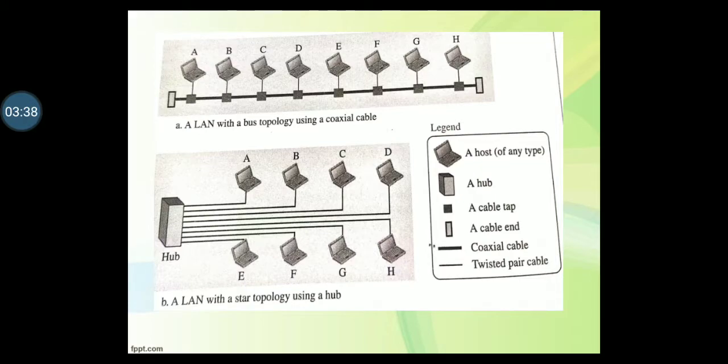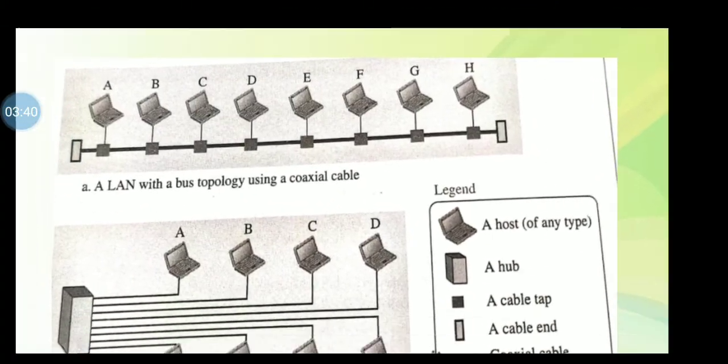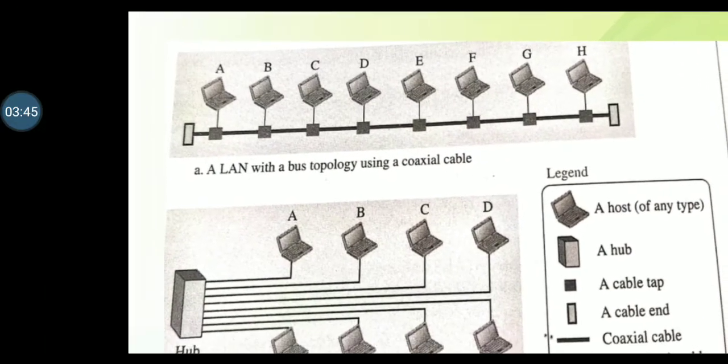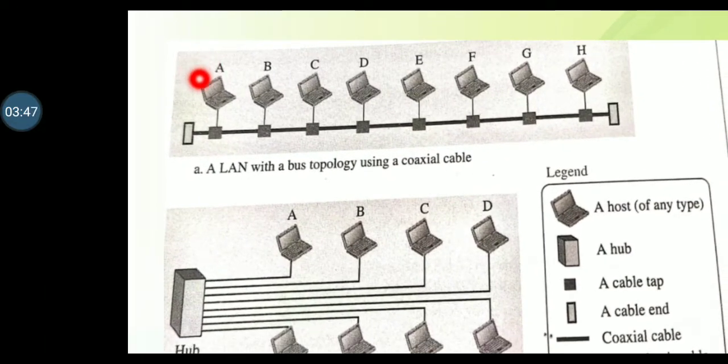Assume that station A, which has been shown in this figure, has a frame to send to station D. Station A should first check whether any station is sending, that is carrier sense.